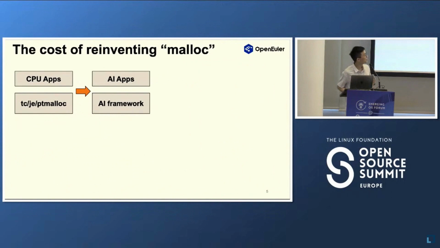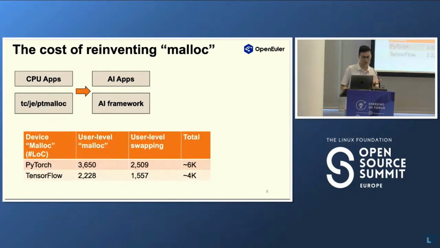If we dig a little deeper, here is the cost of reinventing the malloc library. By malloc library, I mean that typically we can use tcmalloc from Google, jemalloc from Facebook, or ptmalloc from glibc. We can use all of these malloc libraries for CPU applications. But when it comes to AI frameworks, the underlying memory service cannot be provided by the operating system.